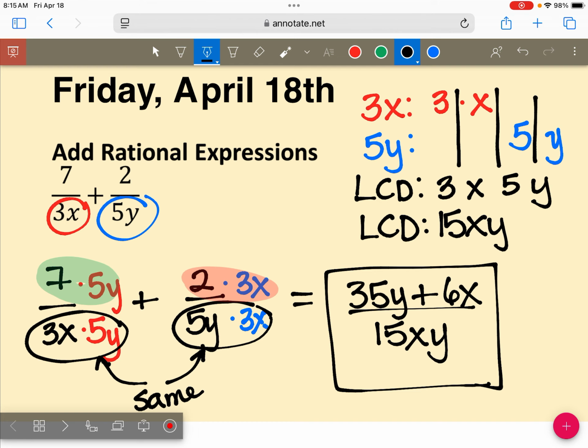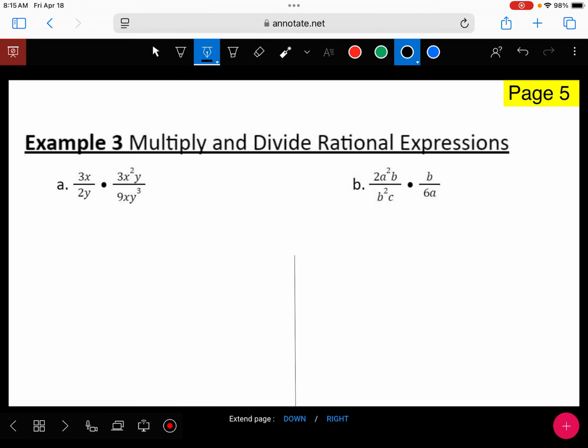So going all the way back to page 5, we are multiplying these expressions. I think the page numbers are at the bottom of the page, but sometimes they're not there. All right, so yes, there.